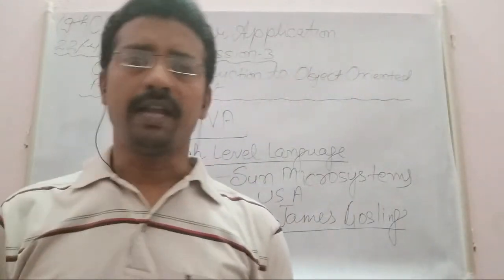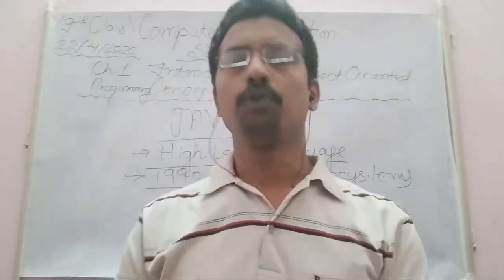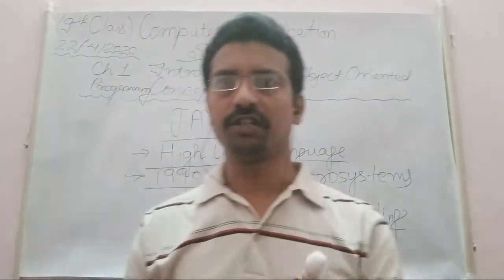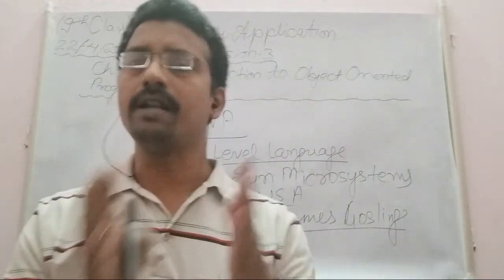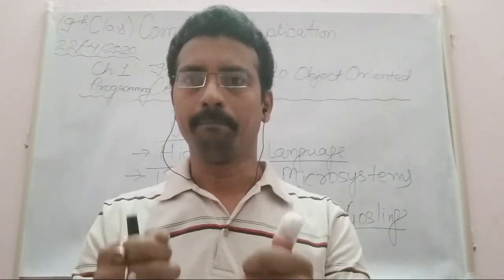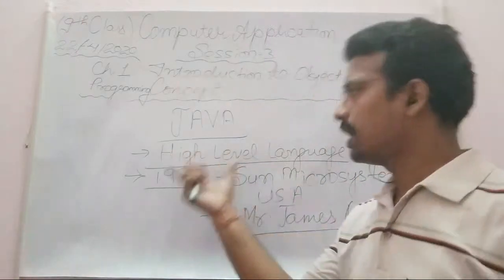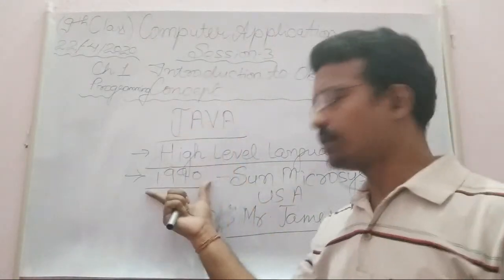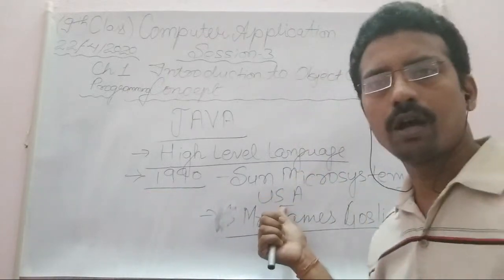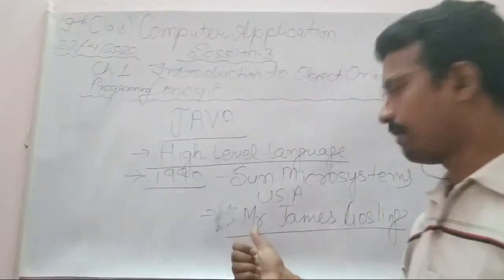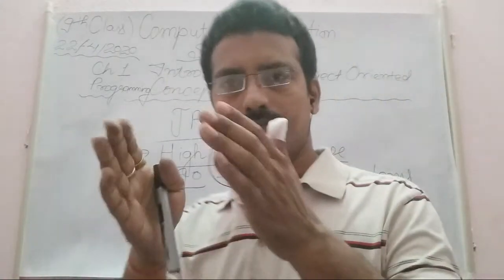Java was developed in 1990 under a project on how home appliances could be better controlled by some devices. Those devices needed programming, and for that purpose this high-level language was introduced by Sun Microsystems, a company of the USA, under James Gosling, who was the head of the team.